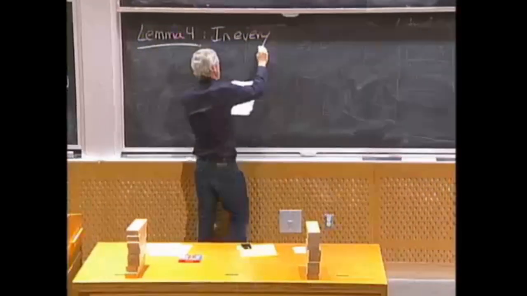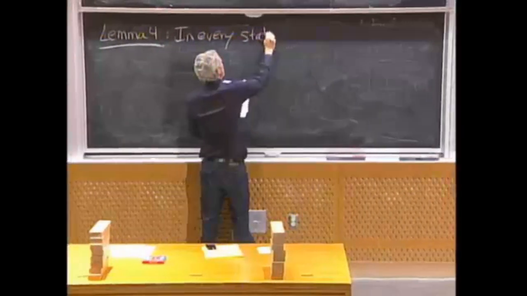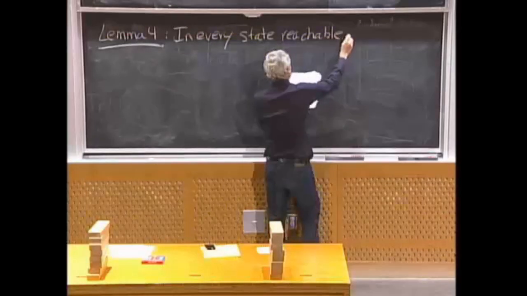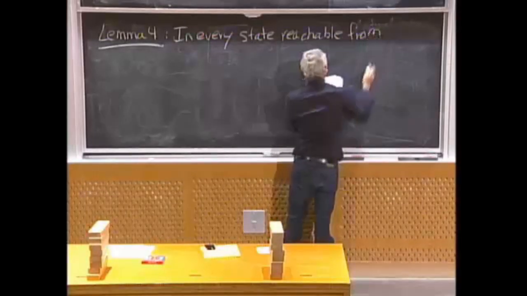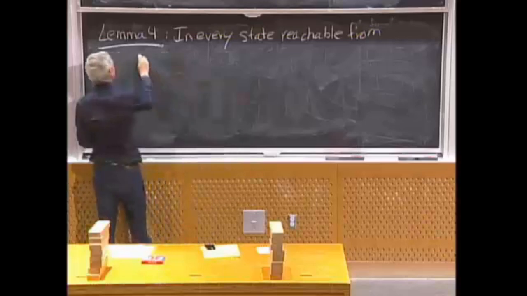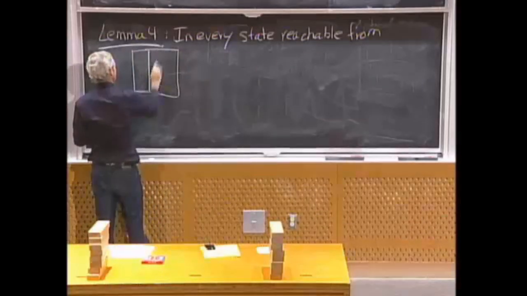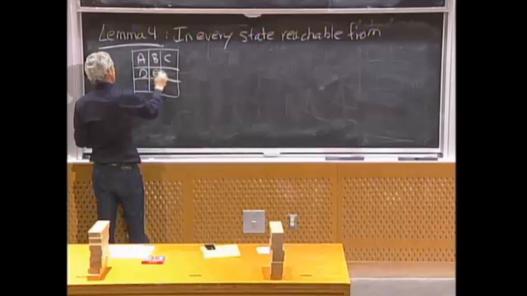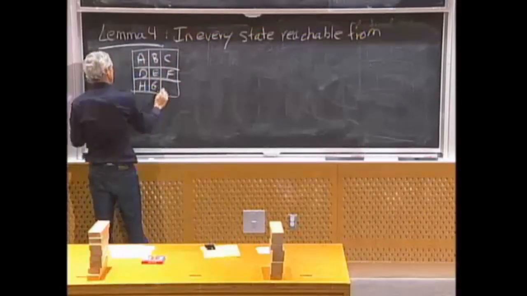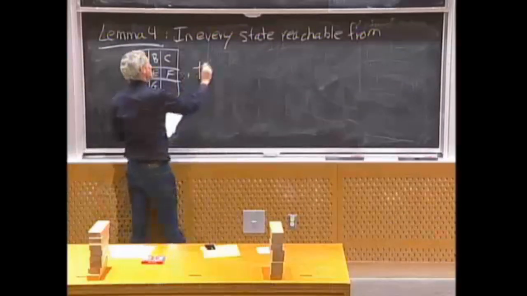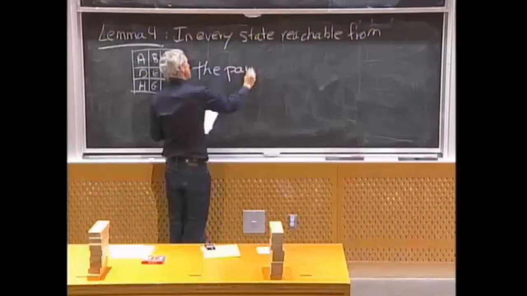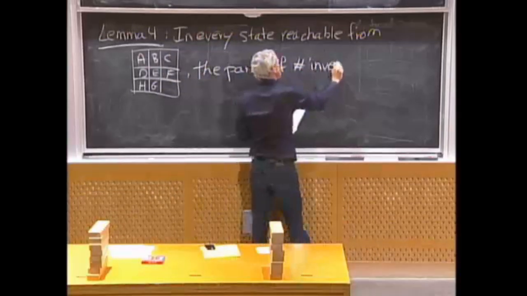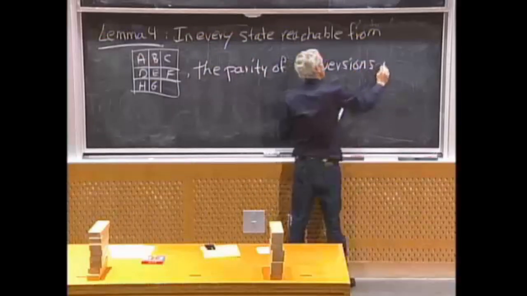In every state or configuration reachable from the start state, which is A, B, C, D, E, F, H, G, which are out of order, the parity of the number of inversions is odd.